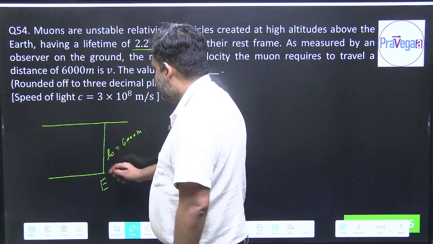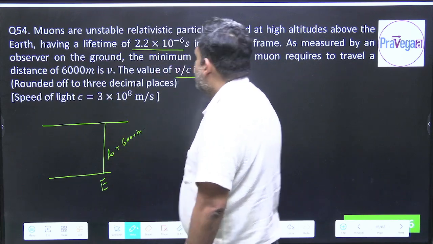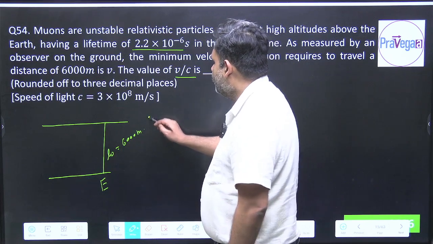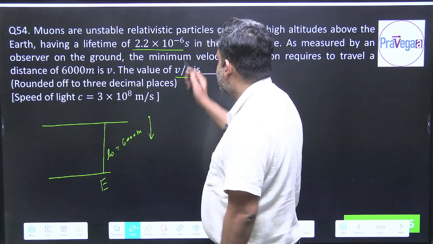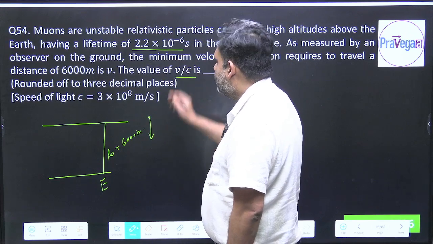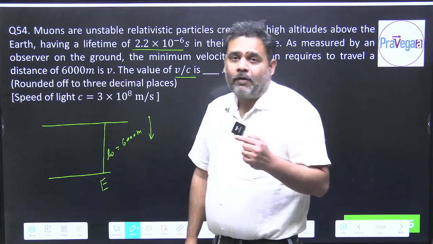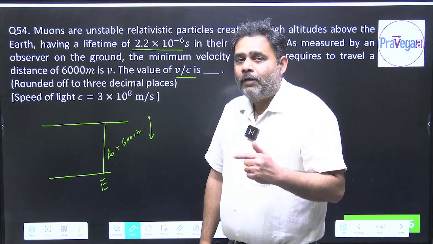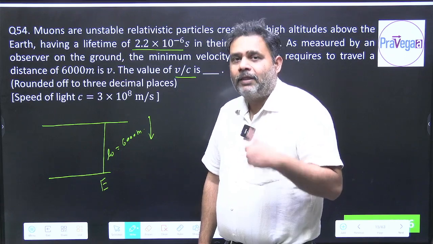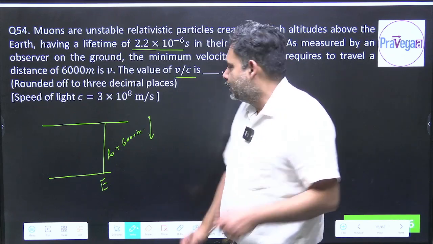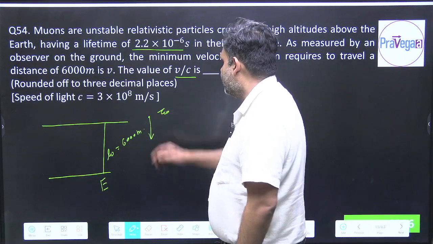This height is given with respect to earth, and the muon is coming towards earth and it has a lifetime, and this lifetime is the proper time because it is measured from the rest frame of the muon. So when you measure the lifetime from the rest frame of the muon, you measure proper time.